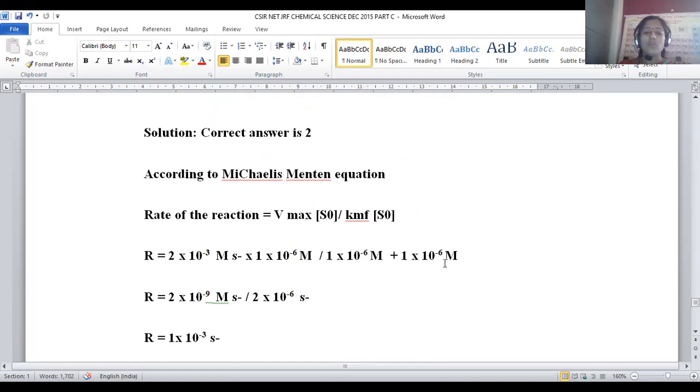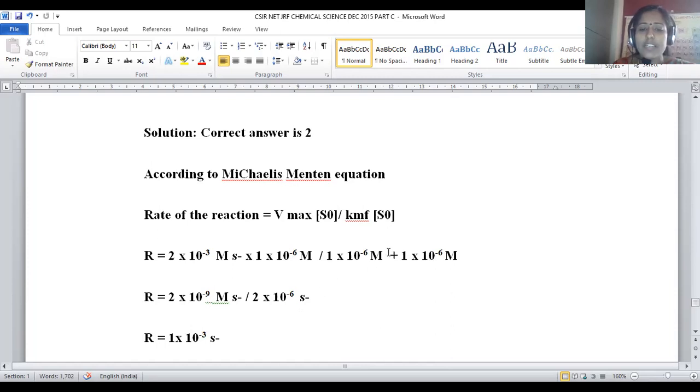So when we apply all these known values, the rate of the reaction can be taken as follows. In the numerator, 2 into 10 to the power minus 3 times 1 into 10 to the power minus 6. Here the base 10 is there and the powers are negative, so we can add both values: minus 3, minus 6, it will become minus 9.